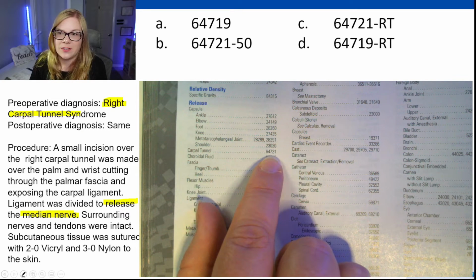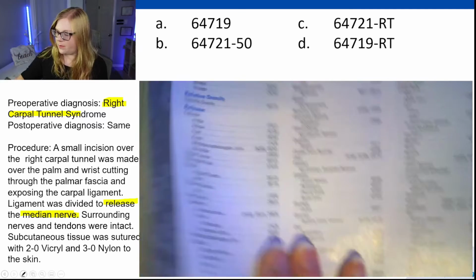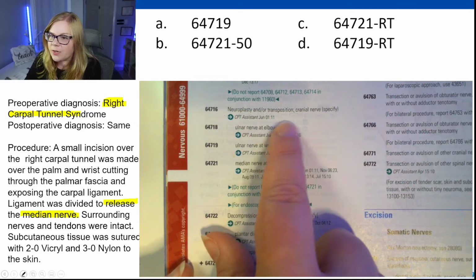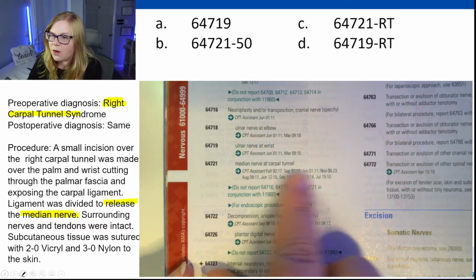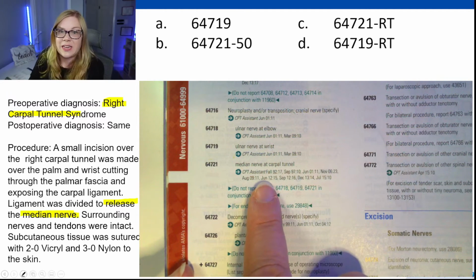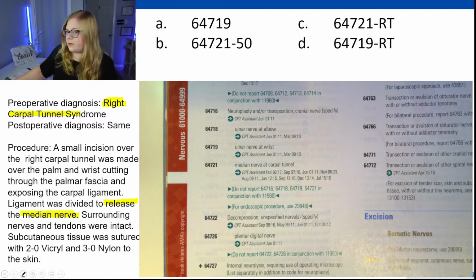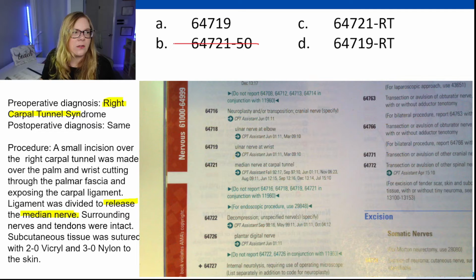Now the one thing we have to consider though is what? Our modifier. Because 64721, let's look it up. We have neuroplasty endotransposition median nerve at carpal tunnel. And this doesn't say bilateral, so we want to designate, is this the right or the left carpal tunnel? So we're going to need an RT modifier. So we can tell right away 50 is our modifier for bilateral, and that wasn't bilateral, it was the right carpal tunnel.